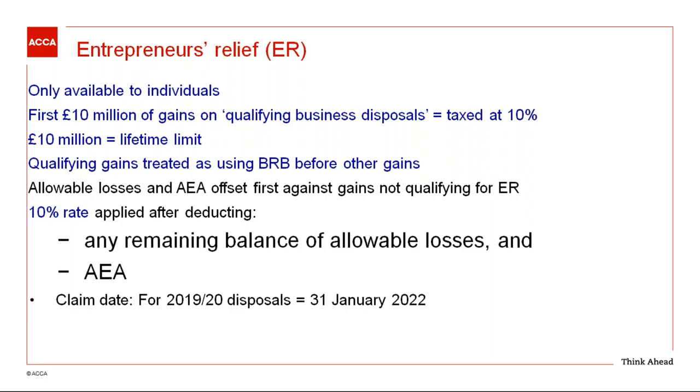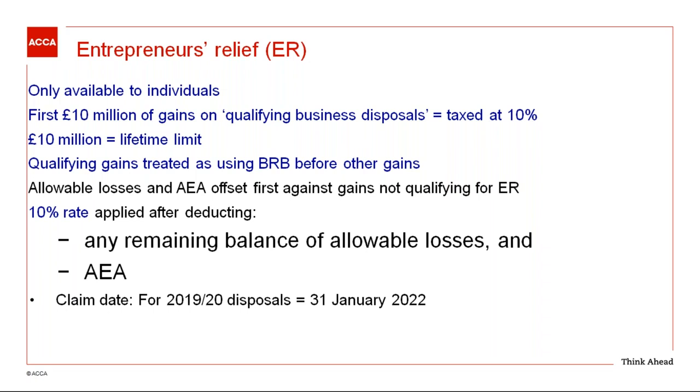So there are several reliefs available to an individual. One we call entrepreneur's relief, and then we have another relief called investor's relief. We have rollover relief, we have gift relief or holdover relief, and then we have something called incorporation relief.